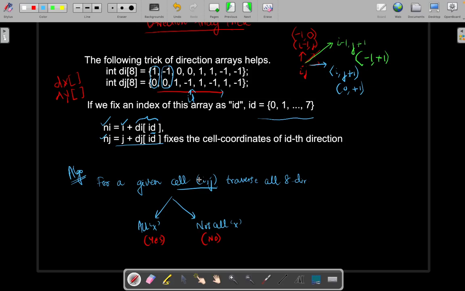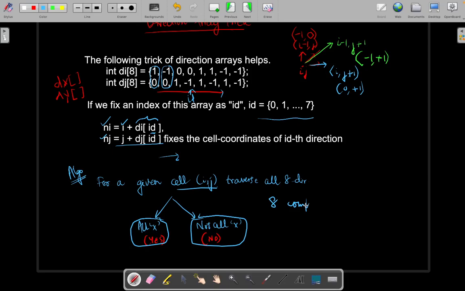Because we are doing this exactly, there will be exactly eight checks, which is a constant number. So the complexity of this will be order one per test case.